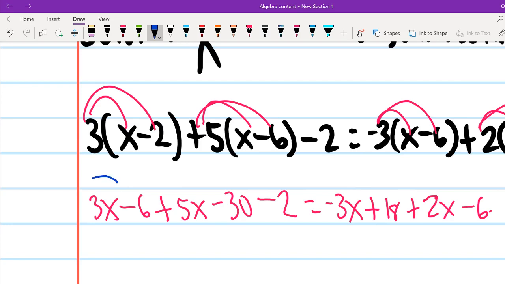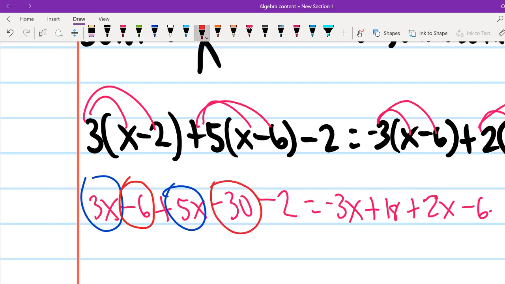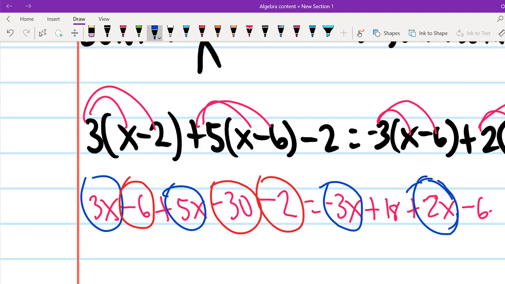So we have a 3x over here, a 5x over here, a negative 6 over here, a negative 30 over here, a negative 2 over here, and then we have a negative 3x over here, a 2x over here, and then we have an 18 over here and a negative 6 over here.